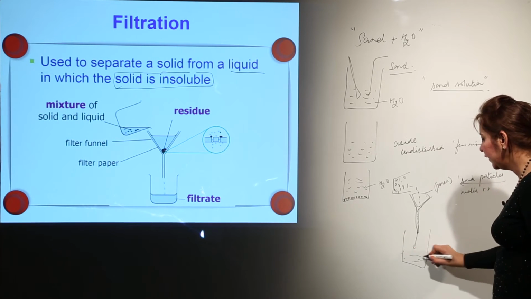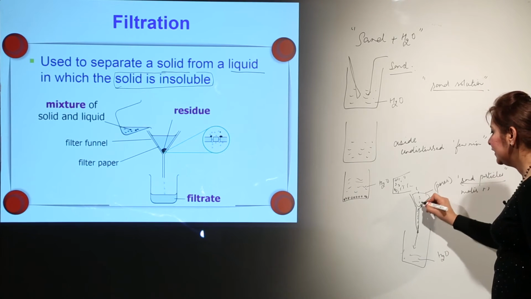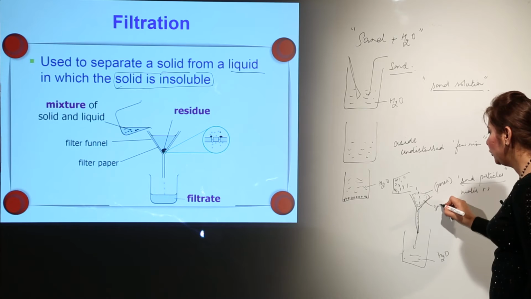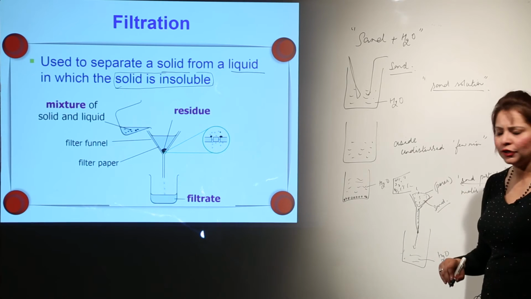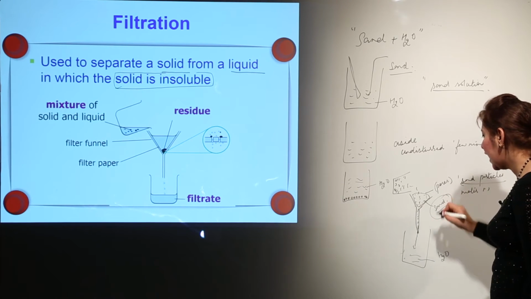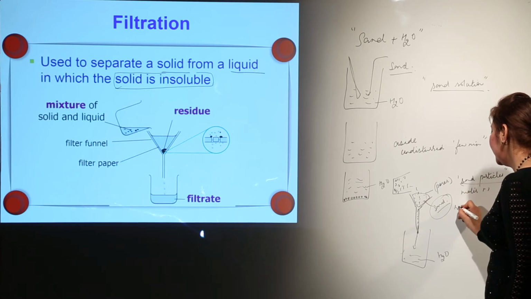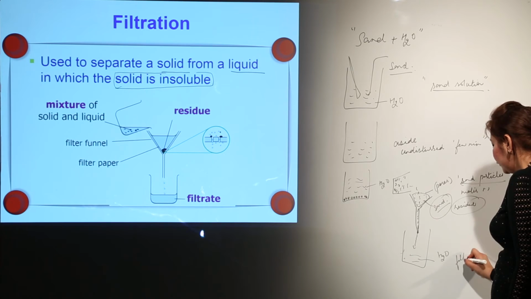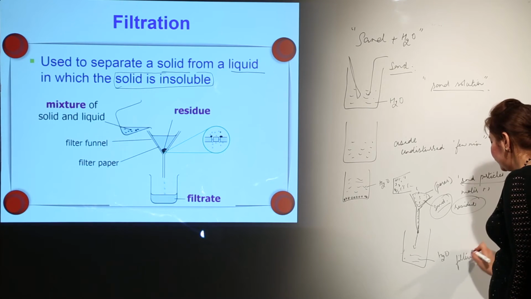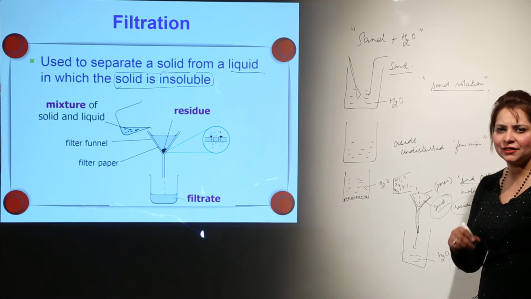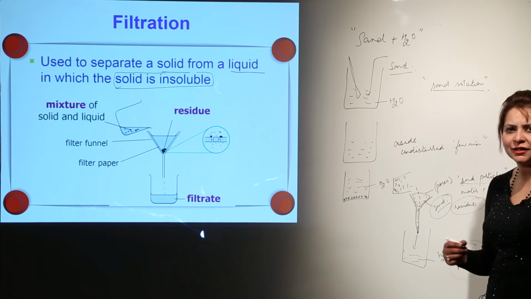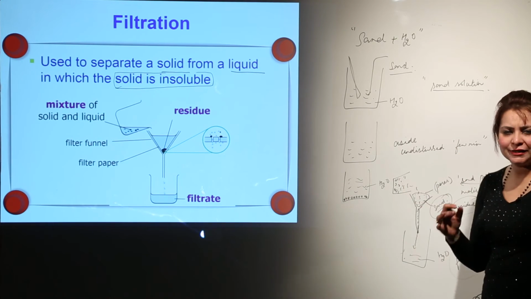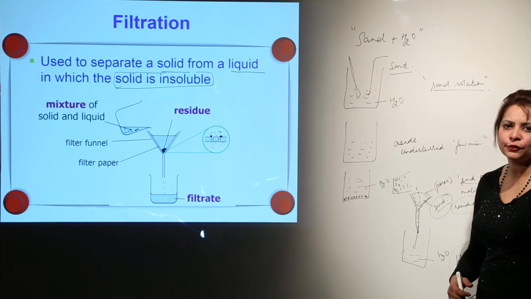So we will be getting water, and the sand is separated by the pores and remains behind in the filter paper, right. This sand is called the residue and this water is called the filtrate, because this filtrate will be cleaned of any undissolved solid particles which were earlier present. This is how we explain any example by the process of filtration.